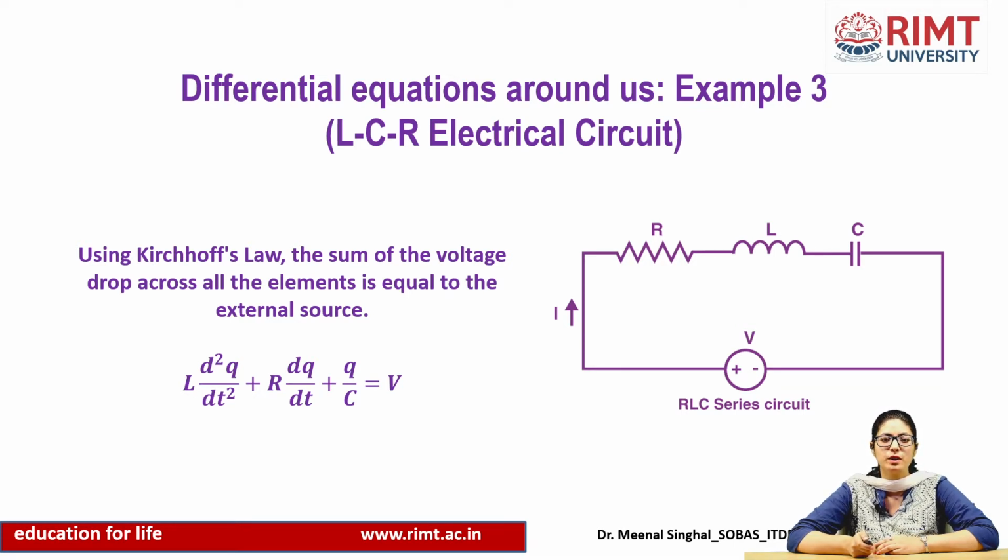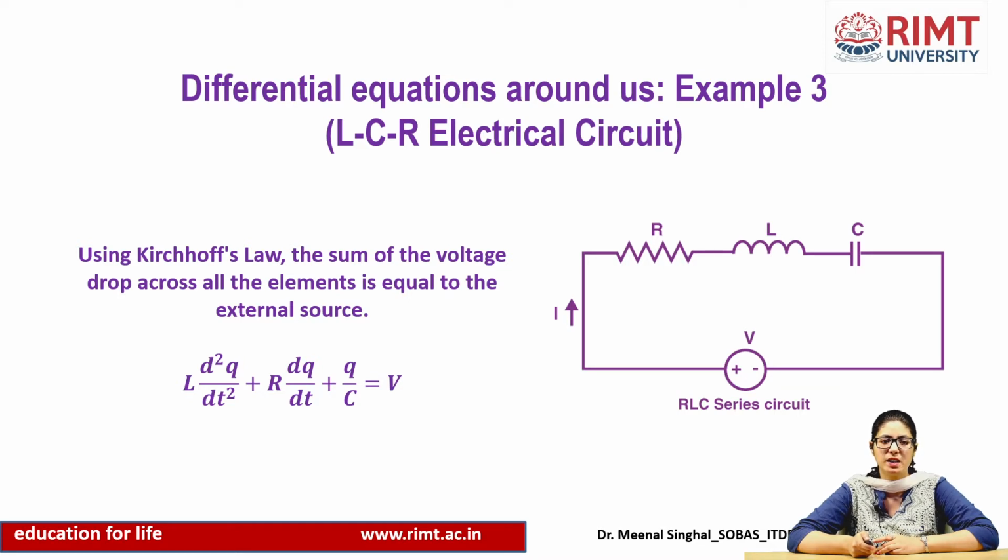If the voltage provided by the external source is represented by capital V, and the voltage drops across the resistor, capacitor and inductor are represented by R dq/dt, q/C and L d²q/dt². Here q is the charge flowing through the system, t represents time, L is the inductance, R is the resistance, and C is the capacitance.